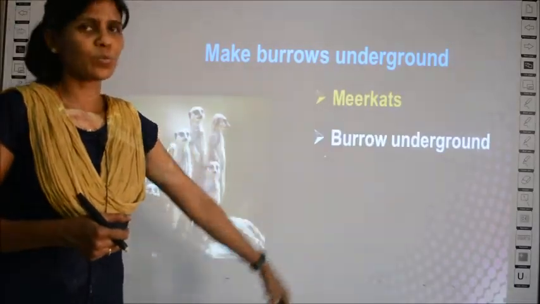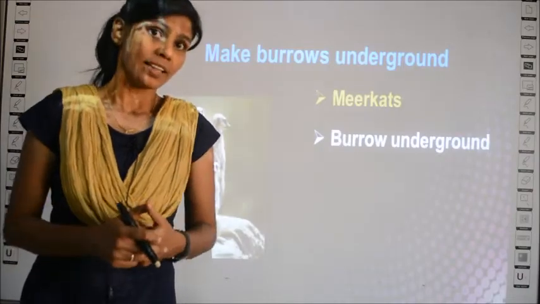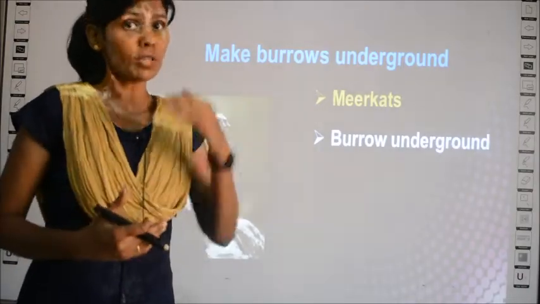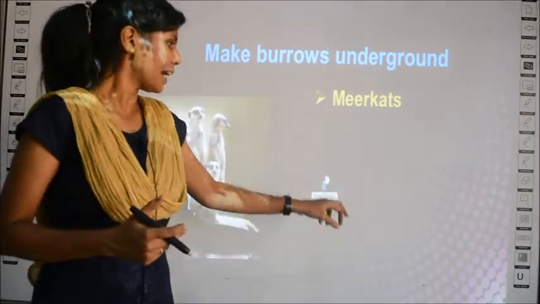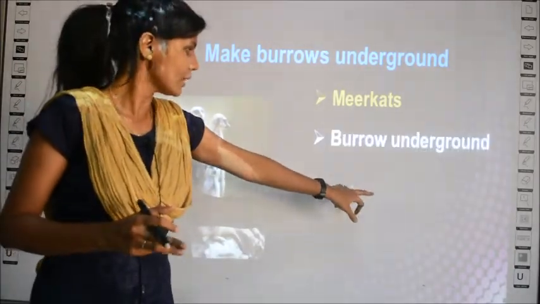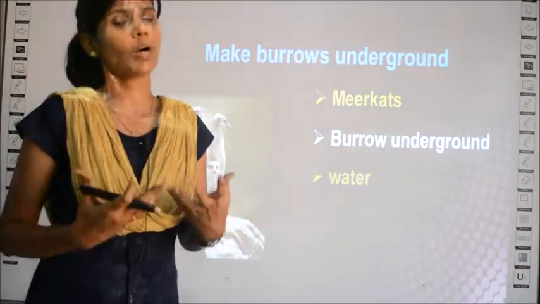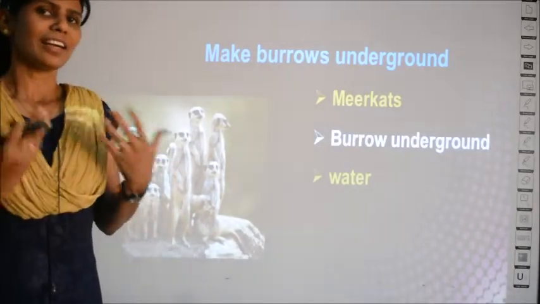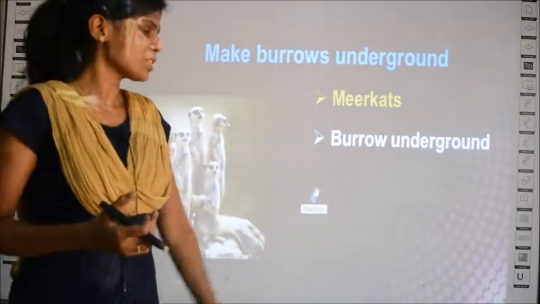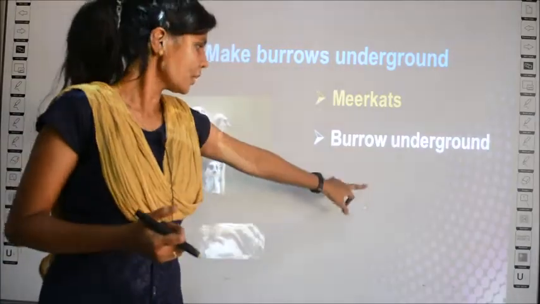So these meerkats make their burrow very deep underground, and they have two advantages of doing this. The first advantage is they use the underground water. Usually underground there is a water table, and from there they take the water, because water will not be available on the surface in the desert.